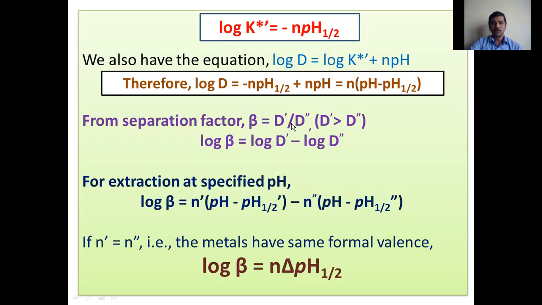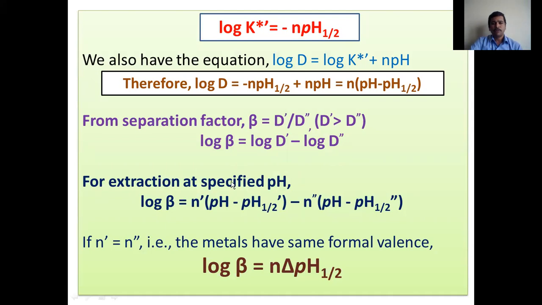It is the ratio of D dash divided by D double dash, where D dash is the distribution ratio for metal 1 and D double dash is the distribution ratio for metal 2, where D dash must be significantly greater than D double dash. If you take the logarithmic value on both sides, log beta is equal to log D dash minus log D double dash.